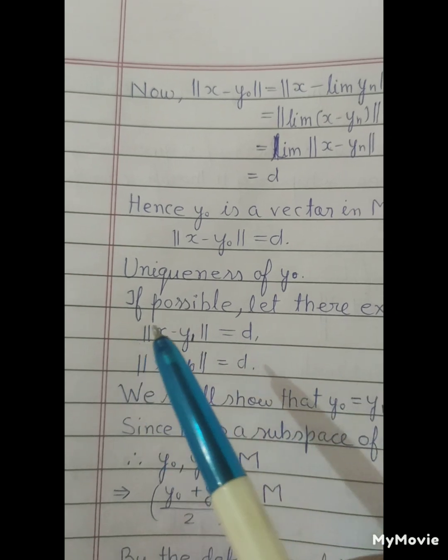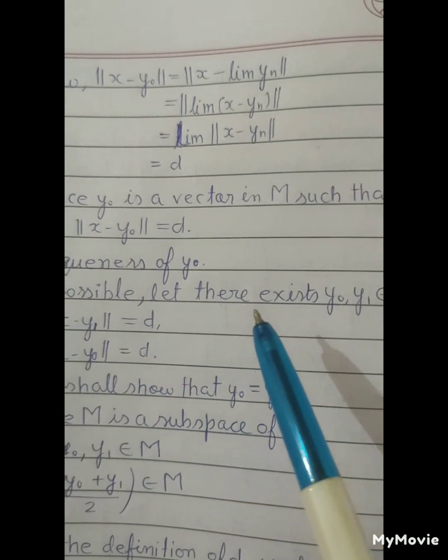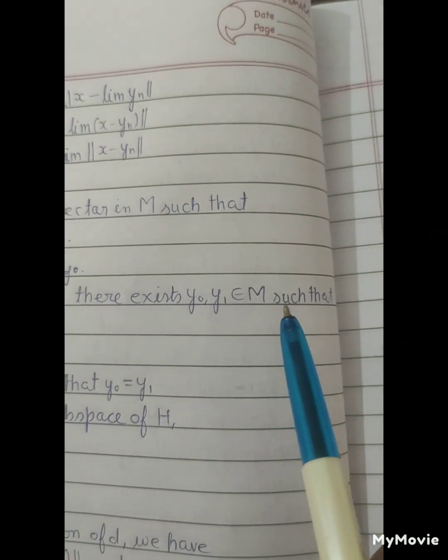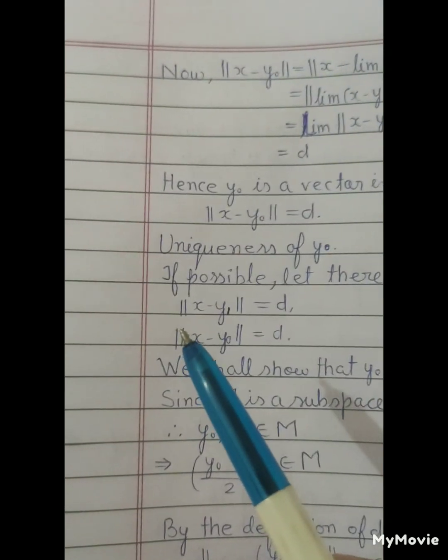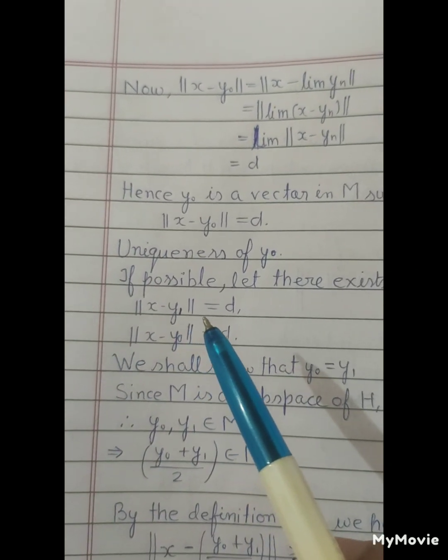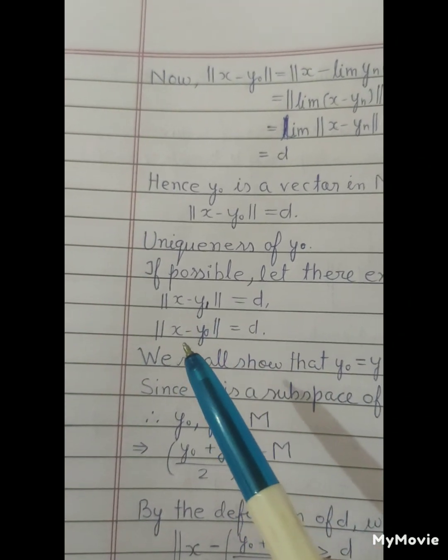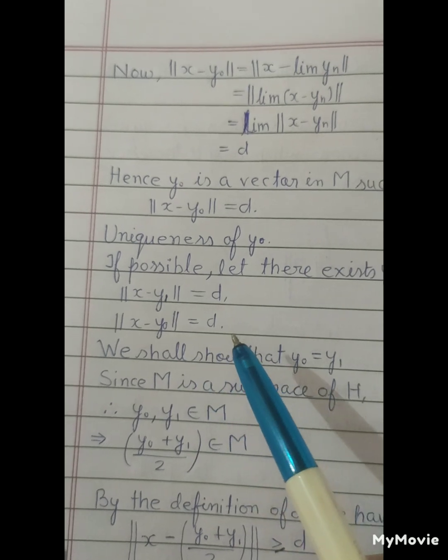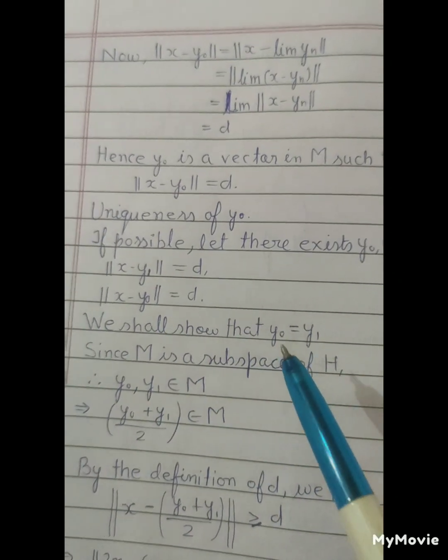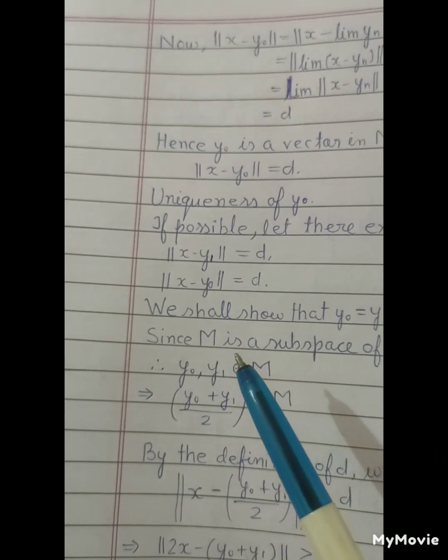Uniqueness of y0: if possible, let there exist y0 and y1 belonging to M such that the norm of x minus y1 equals d and the norm of x minus y0 equals d. We shall show that y0 equals y1.